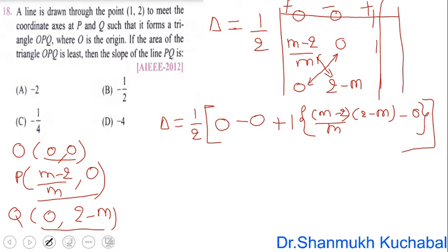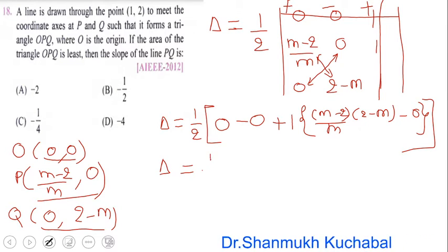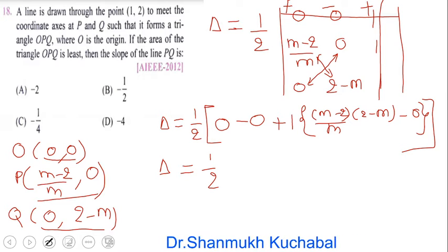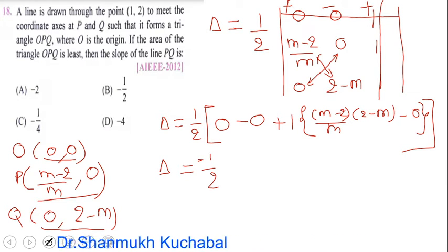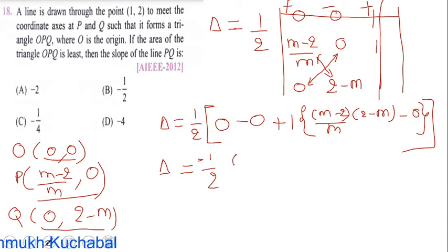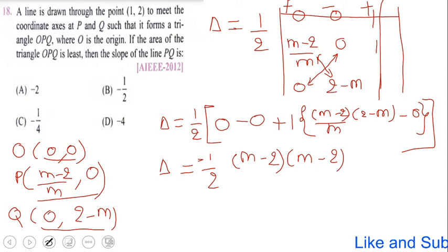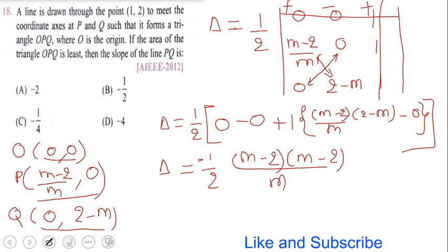So we will simplify this. The area of the triangle delta equal to 1 by 2. We will take a minus common here, so minus it will become (m minus 2) into (m minus 2) divided by m.